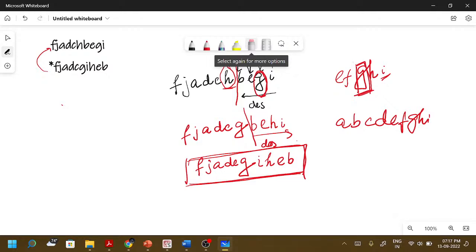Okay, it's dictionary order, like A, B, C, D, E, F, G, H, I. I'm not sure about the core computer science concept, but lexicographic order means just dictionary order, like in a dictionary from A to Z. Okay, sir, this means we just have to find the one word previous to that given word.